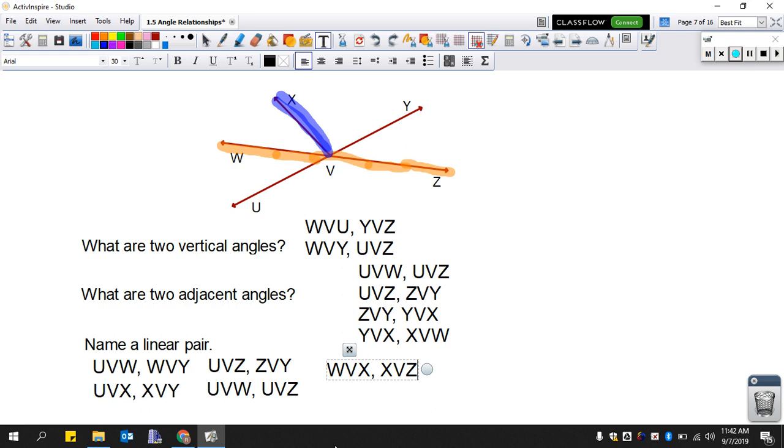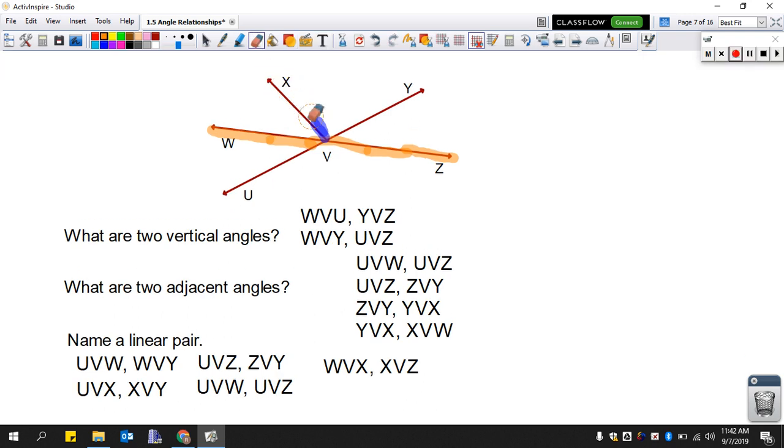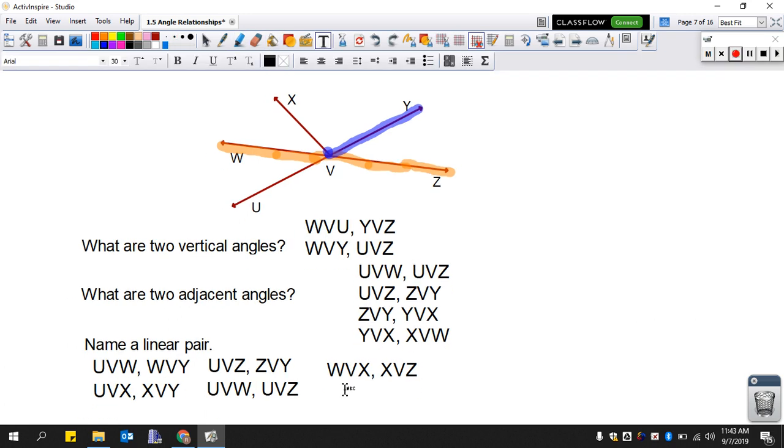Or we can have WVY and YVZ. And so you can see here within this particular figure that there are 6 different linear pairs.